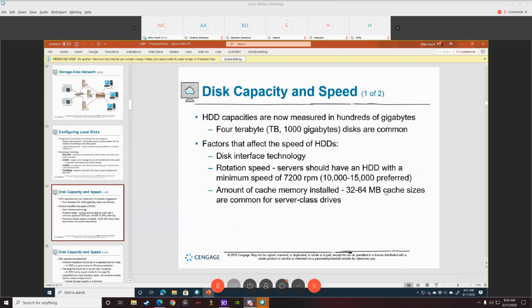That applies only if you want to put all your data and everything on that server, if you're not using virtualization and all that stuff. So it's a good idea to research the different types of drives, the different speeds, prices, and amounts of cache.